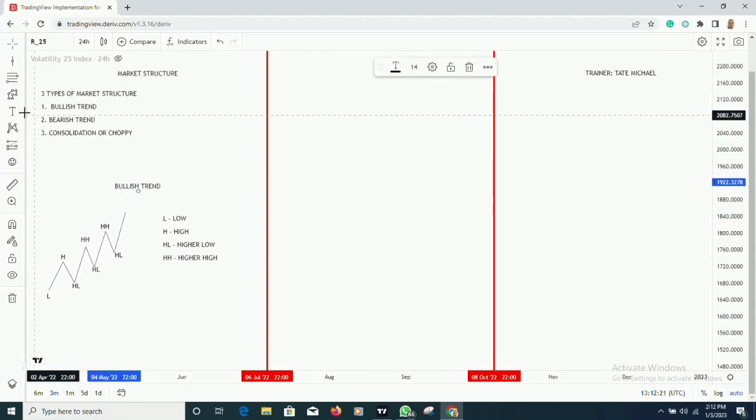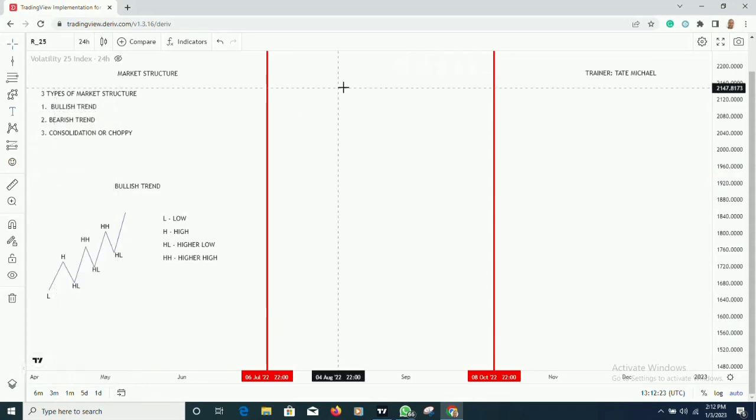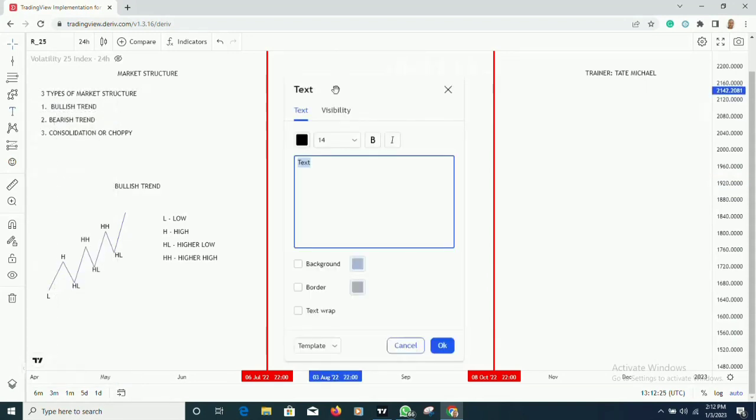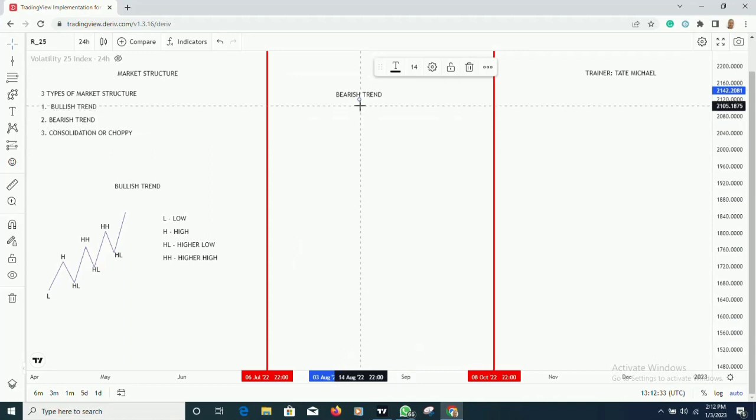So let's go to the next one, the bearish trend. You need to understand this bearish trend. Now the bearish trend is the opposite of the bullish trend.